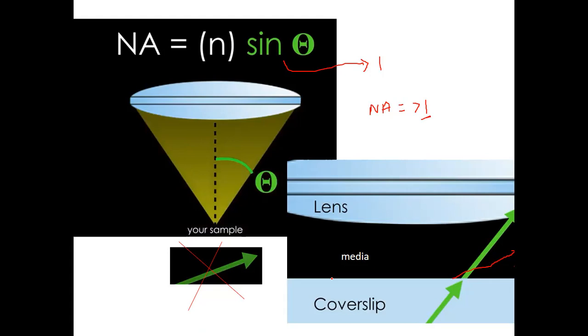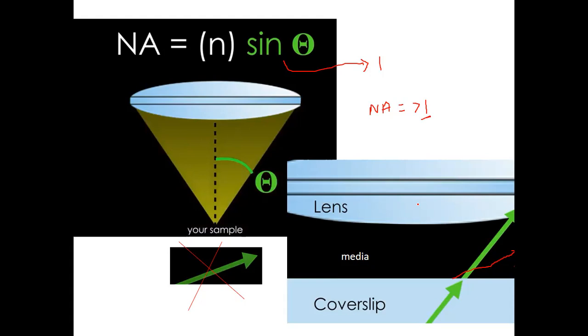So it is better for you to always use immersion oil with an oil immersion objective, since the maximum angle of light that is collected by your lens increases with the numerical aperture. That means more of the light going into the lens is collected from your sample, and obviously this gives a brighter image.